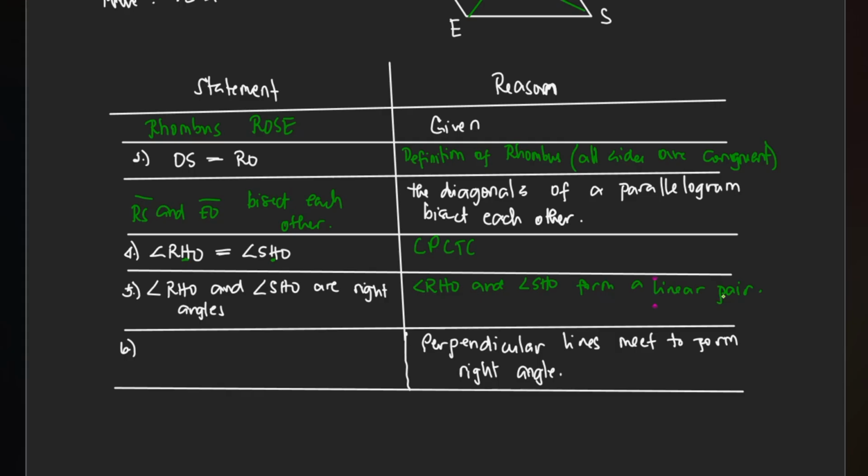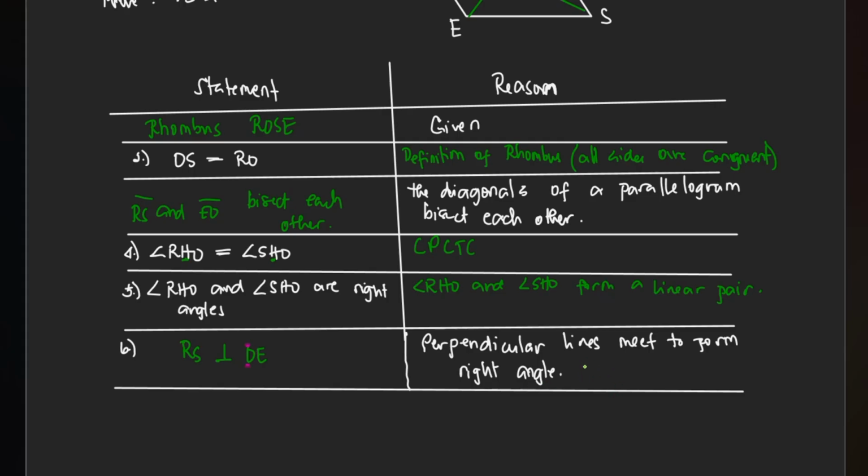What is our goal now? We have to prove that RS and line OE are perpendicular. So the statement we write here will be RS is perpendicular to OE. Remember the definition of perpendicular?